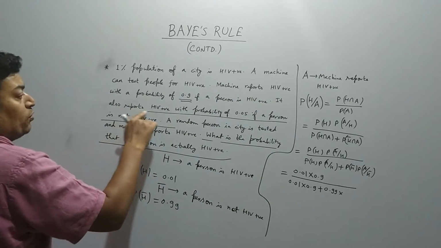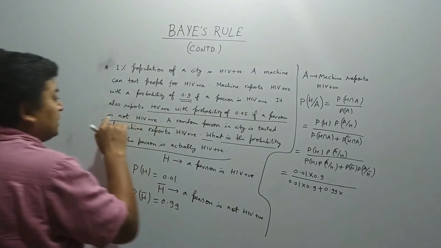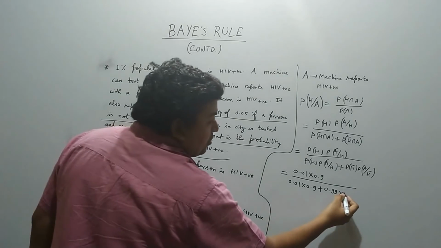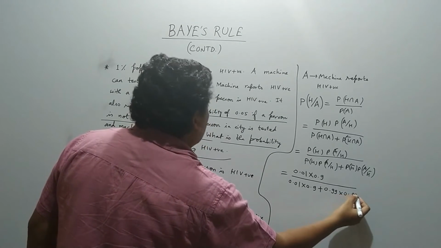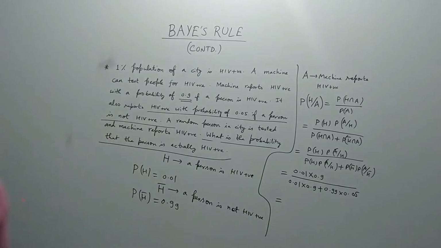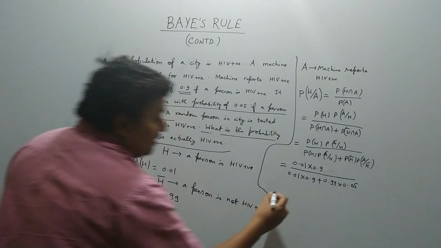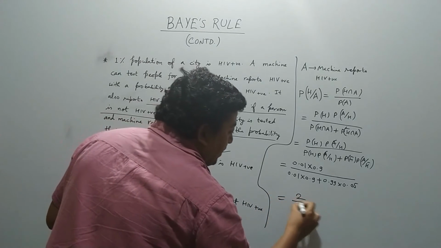It also reports HIV positive with a probability of 0.05 if a person is not HIV positive. So 0.05. That number I will calculate by calculator. So that is 2 by 20.